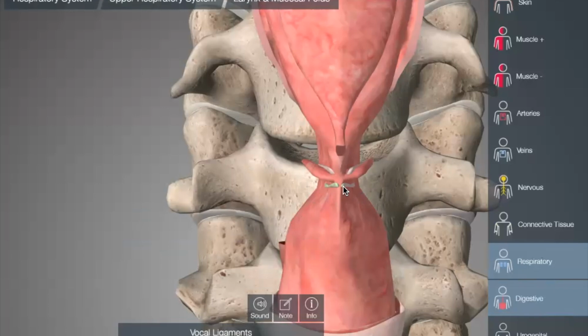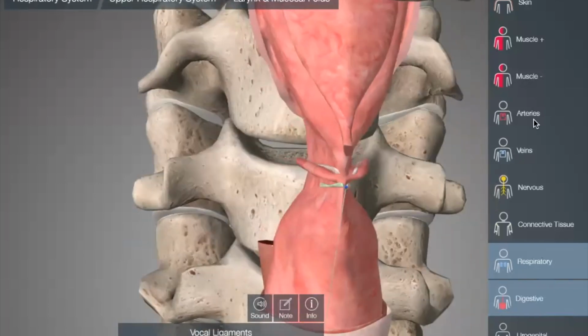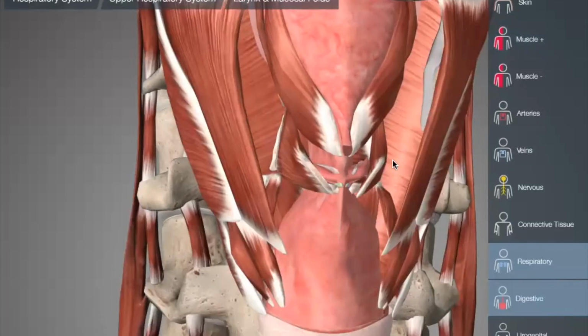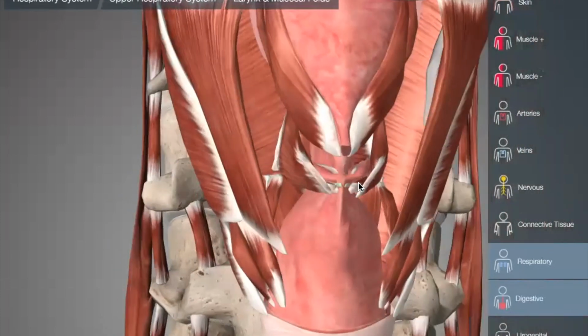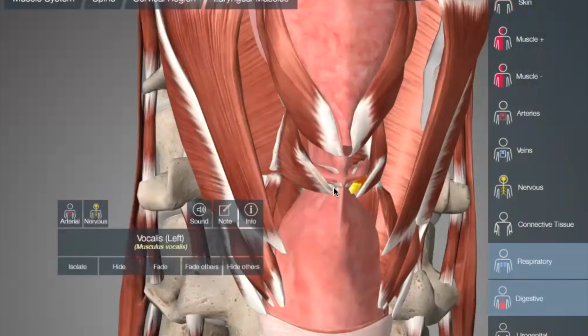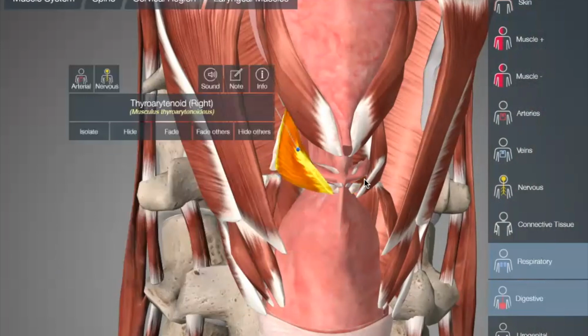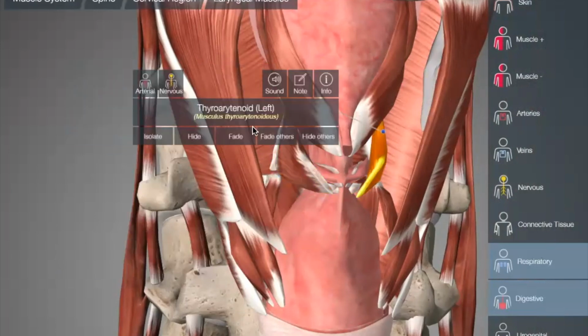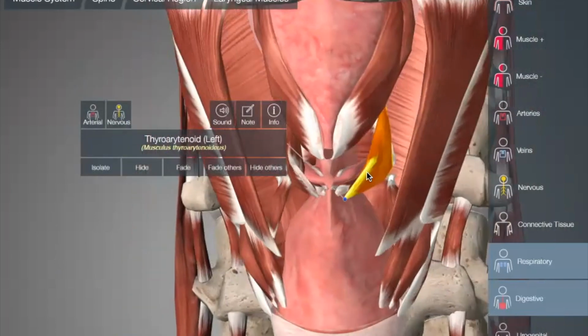The size of it is controlled by those two folds. Those two folds, let's get the muscles out. See, those two folds are controlled by muscle action, such as the vocalis here, or even the thyroarytenoid. If these muscles contract and relax, what do they do?